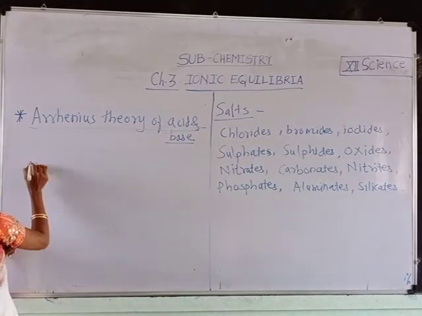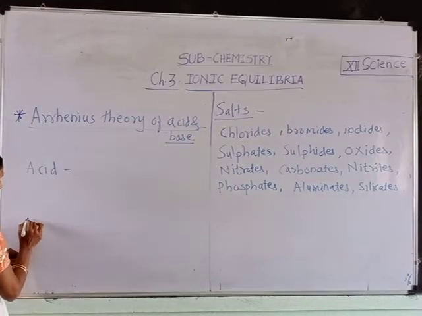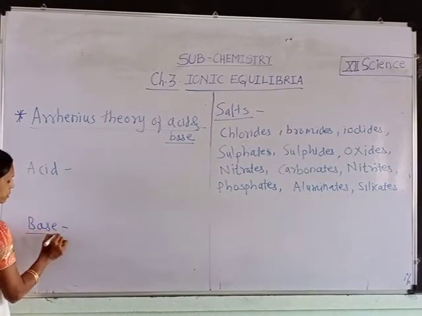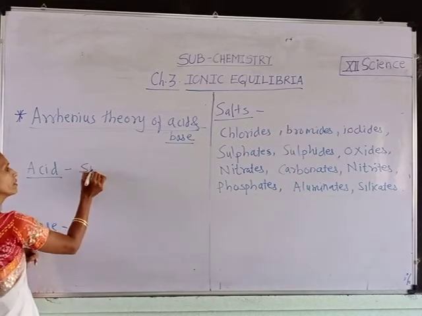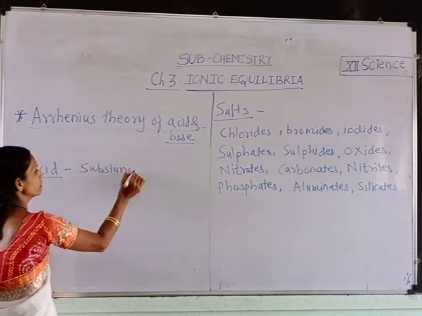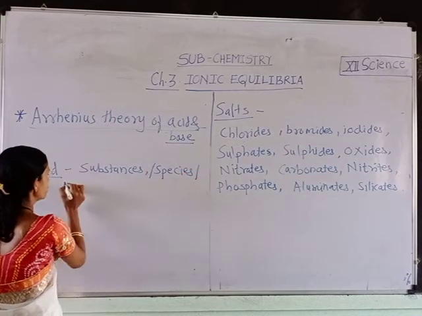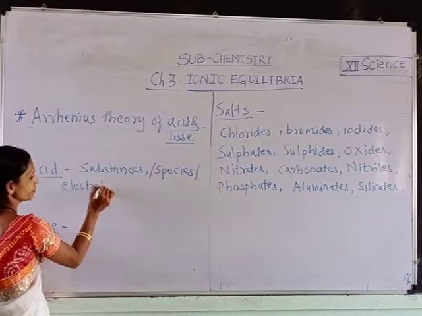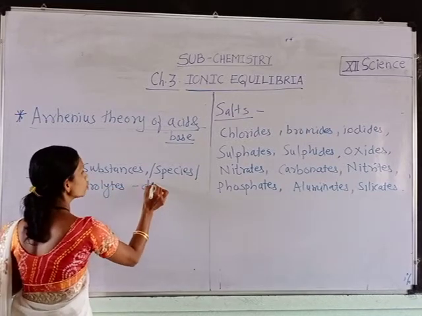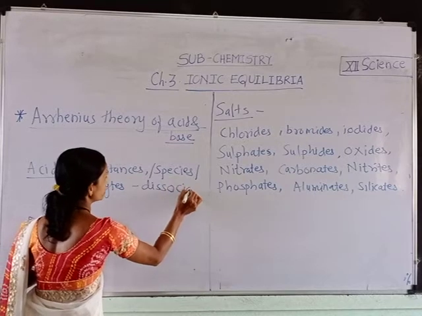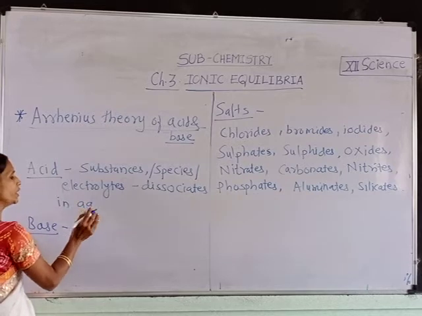First of all, see here, what is an acid and what is a base? According to Arrhenius, acids are substances, species, electrolytes which dissociate in aqueous medium.